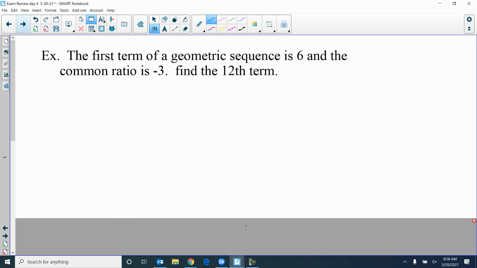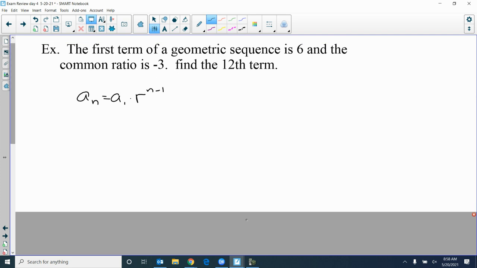Now, the next one they tell you is geometric. They tell you ahead of time. So we got a sub n equals a sub 1 times r to the n minus 1. They tell us the first term is 6.